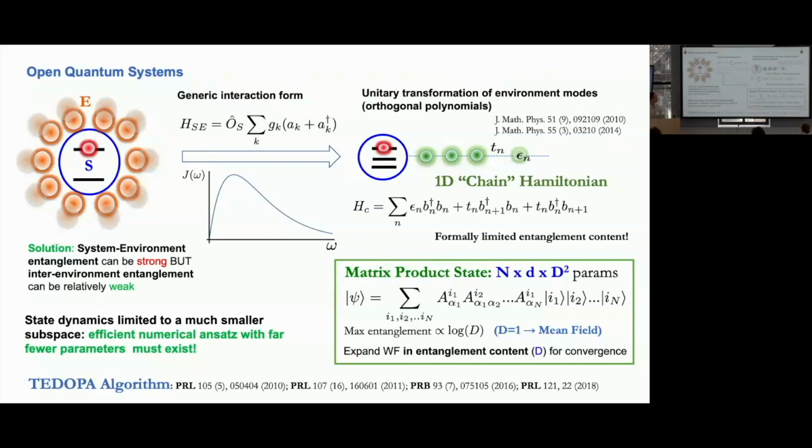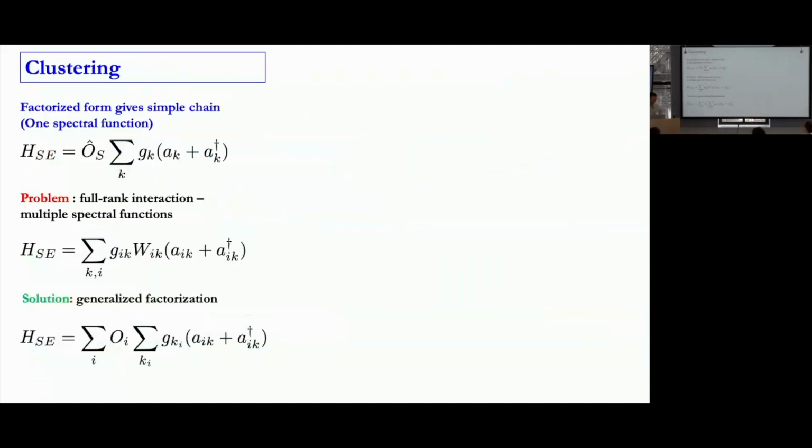Now, the sting in the tail for this molecular problem starts here. If you have this kind of interaction, this unitary transformation into a chain is easy to do. But the actual interactions we have from the ab initio data don't factorize.